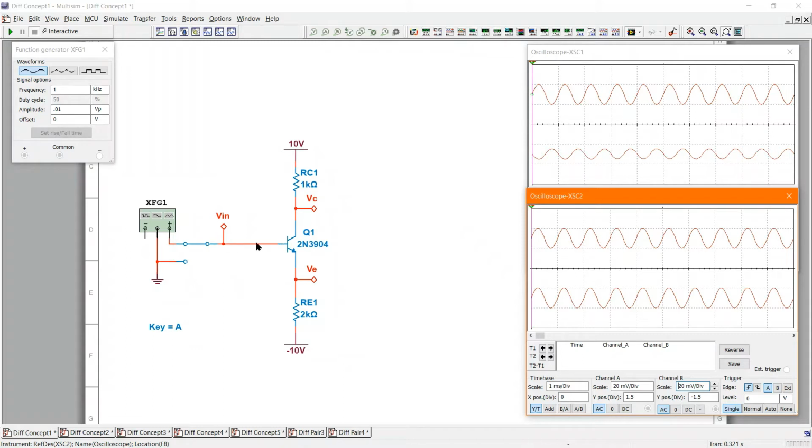So here we apply the voltage to the input of the transistor. On the collector, we get an out of phase output, and off of the emitter, we get an in phase output. What would be the output impedance if I was to put a load on here? Well, if I look back and Thevenize this path back to the source, a source usually has a pretty low output impedance, like 50 to 600 ohms.